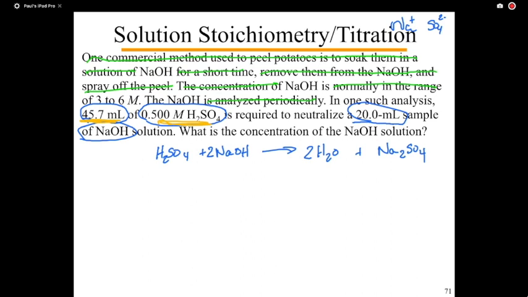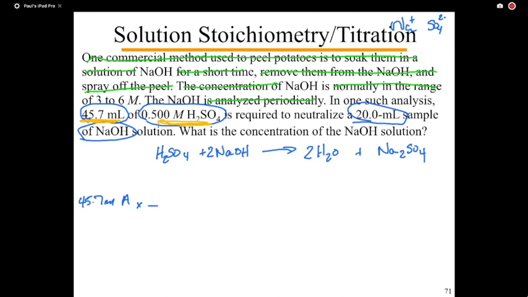Because I know the equation, I can say for every one of these acids, I can react to sodium hydroxides. So I start off with 45.7 milliliters of the acid. Okay, that's sulfuric acid. I'm just writing A because it's easier.